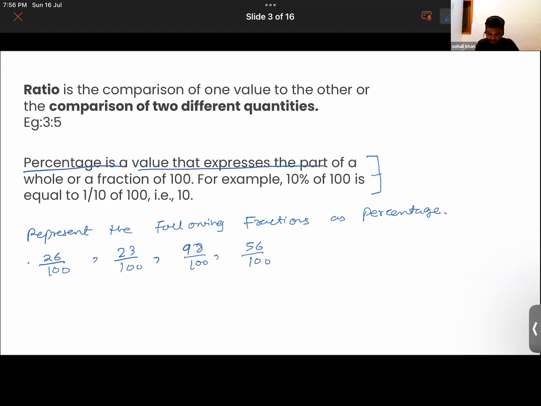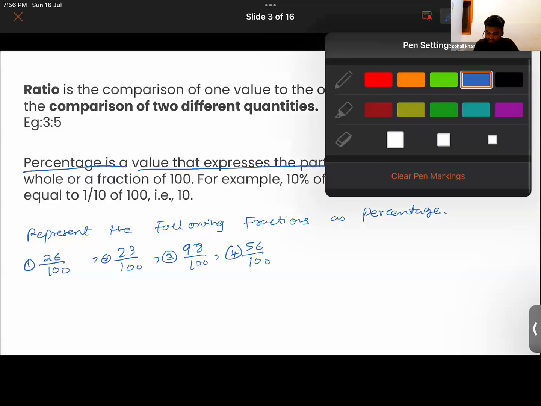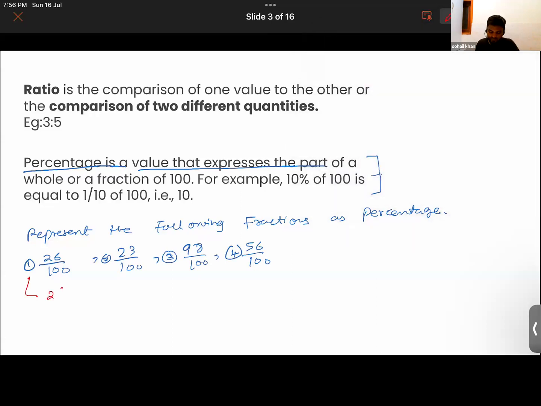Okay, first you, Arhan, tell me in the first fraction what is the percent? 26%. Ahmed, it is 23. 23%.